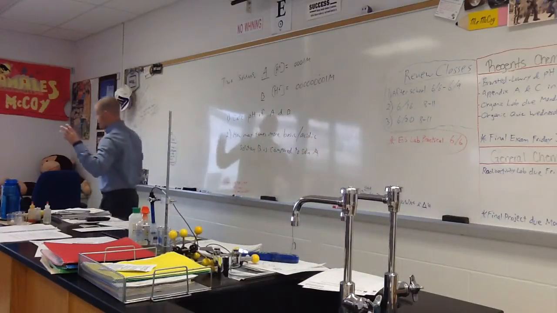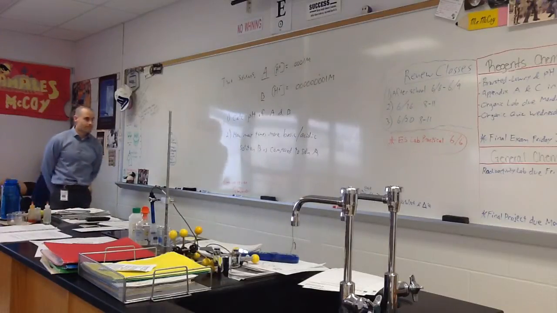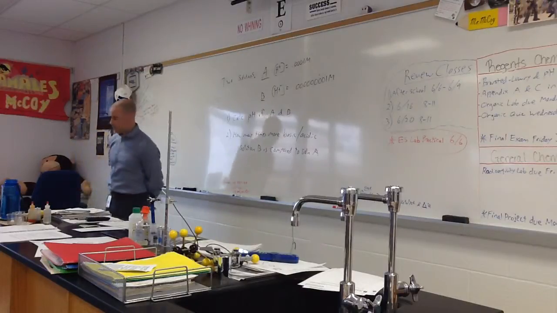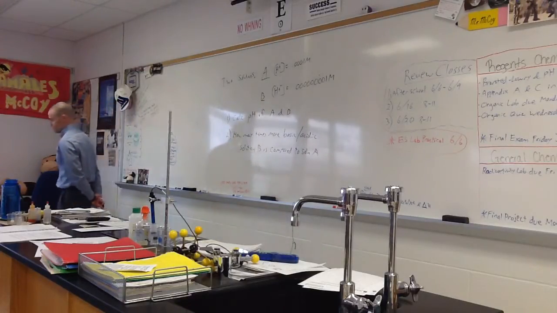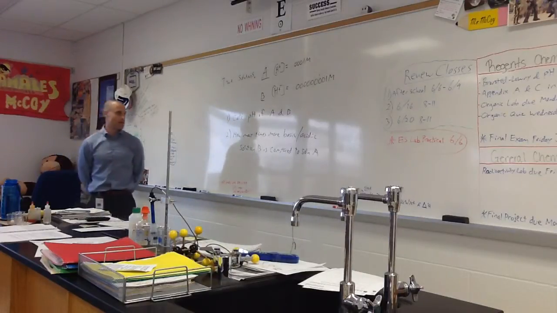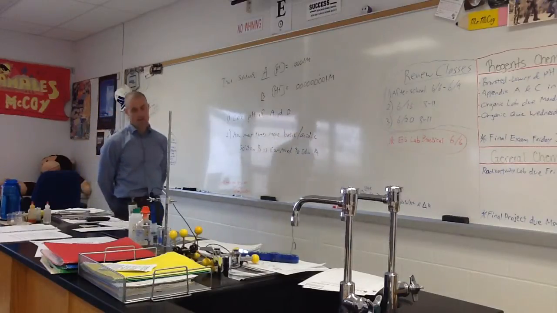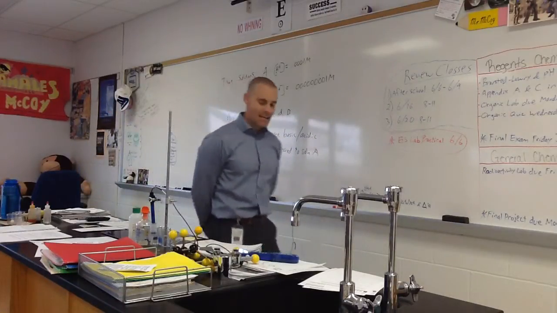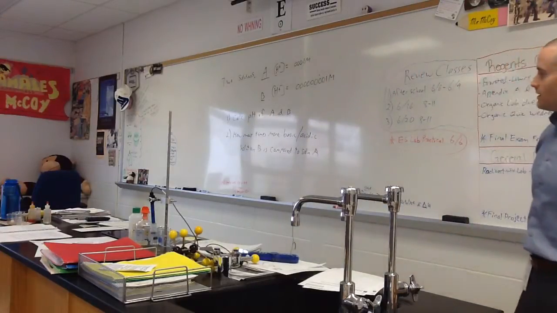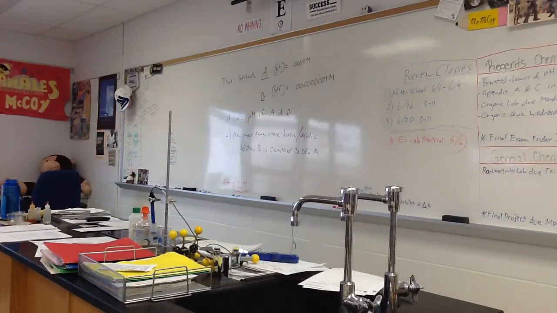So this is kind of like taking everything we just talked about and putting it in one question. They give you the H plus concentration. Calculate the pH of A and B. Then tell me how many times more basic or acidic B is compared to A. And again, I say basic or acidic so I don't tell you the right way to word it. I want you to figure it out.